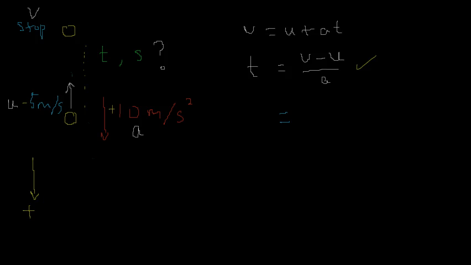I'm now going to substitute into this equation, starting from v. V is where it stops, so v is actually 0. 0 minus u, and u is minus 5. I'm going to put a bracket here and call this minus 5, so that I don't confuse the two minus signs side by side.